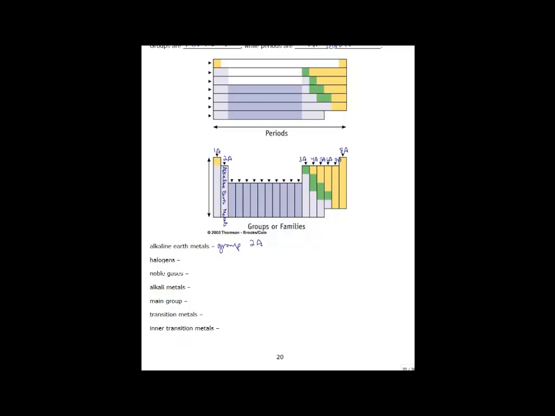The halogens are group 7A. So the halogens, and they're given these names because they behave in a similar fashion. The noble gases are group 8A. So this is a noble gas. The alkali metals are group 1A.